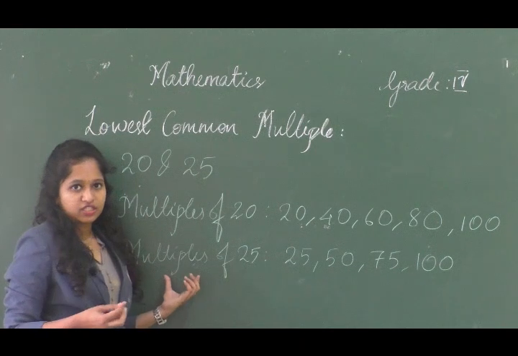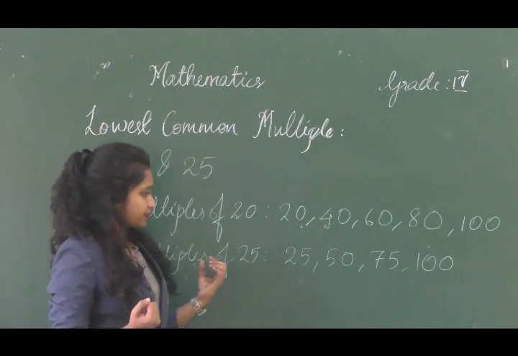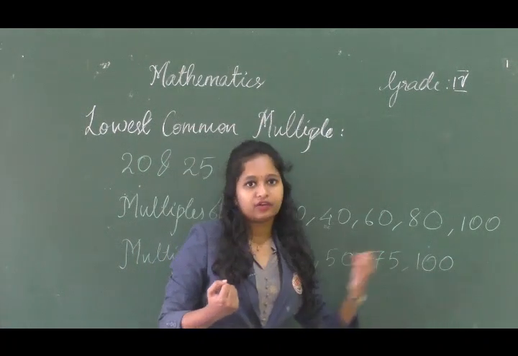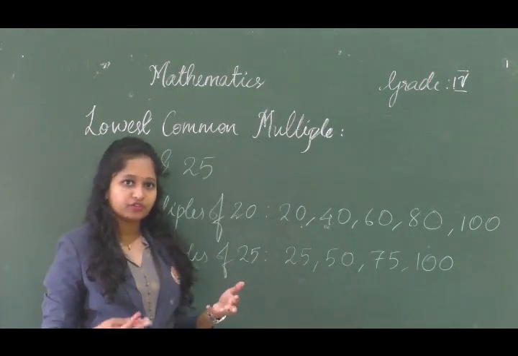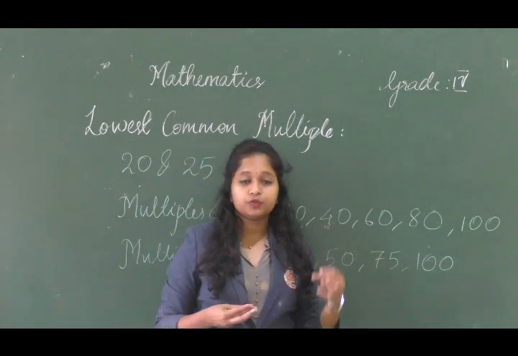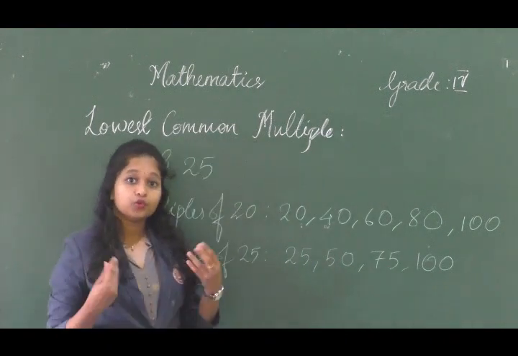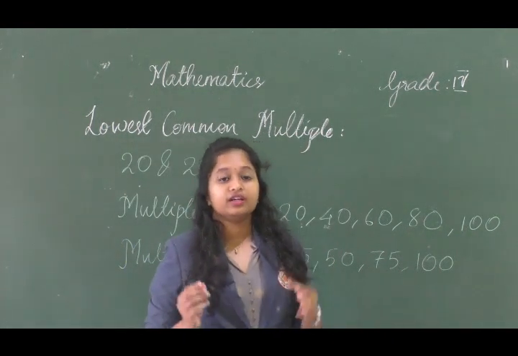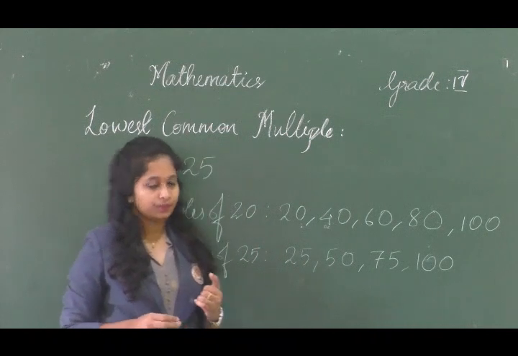And next, multiples of 25. 25, 50, 75, 100. Multiply 25 with 1, 2, 3, 4, 5, etc. Up to which number? Till you get a common number. Okay?